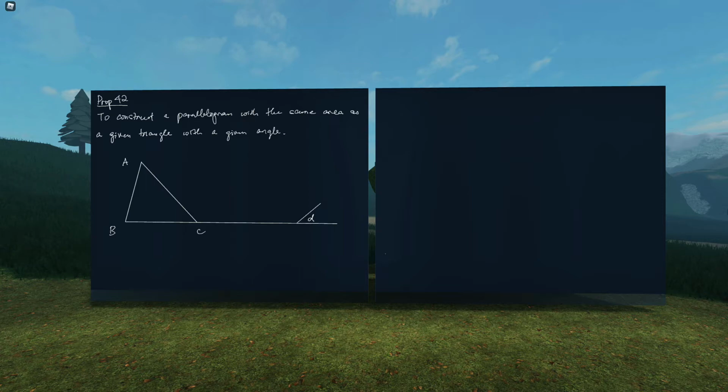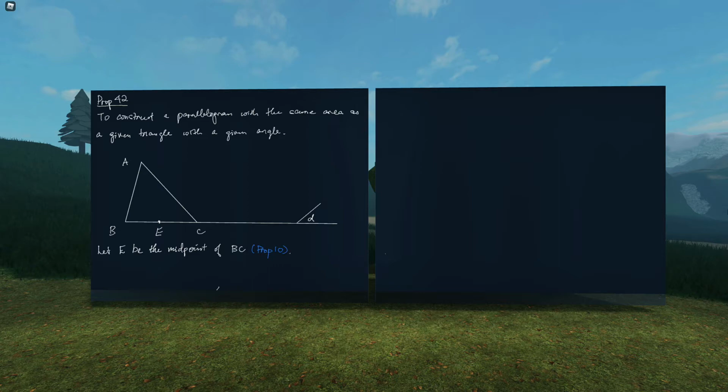I'm going to bisect this line BC and call this point E. Let E be the midpoint of BC. And we know we can do this. We've talked about this before, way back in Proposition 10, where we cut the line in half. So we get a midpoint.